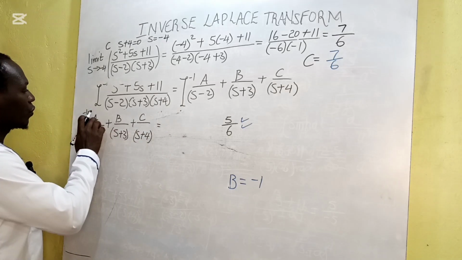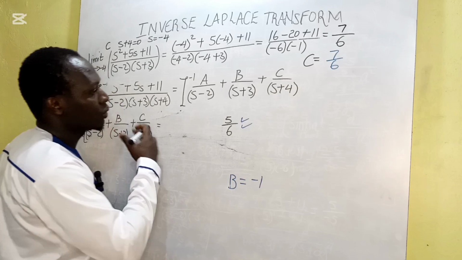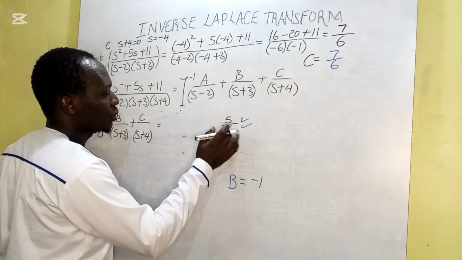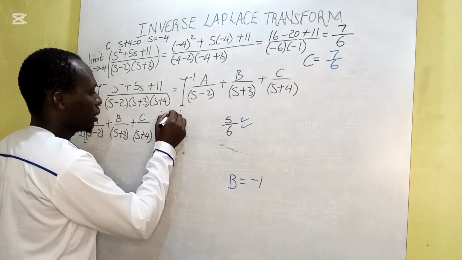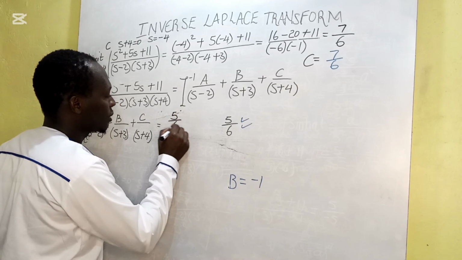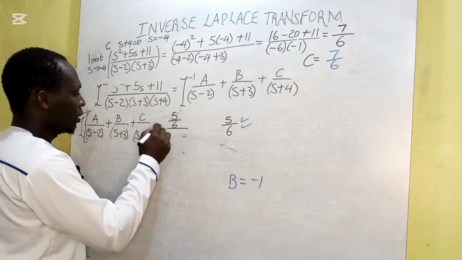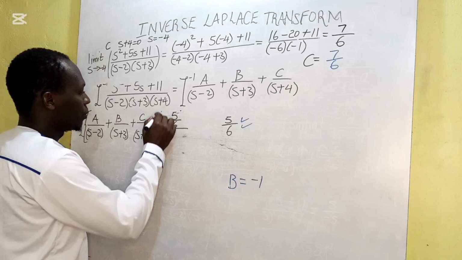We have the values of A, B, and C, and we are going to replace them, whereby the value of A now is equal to what we got here, 5 over 6, that I got using the cover-up rule.